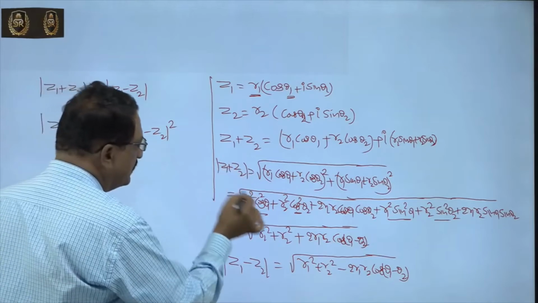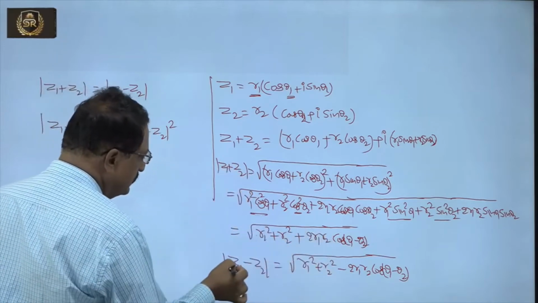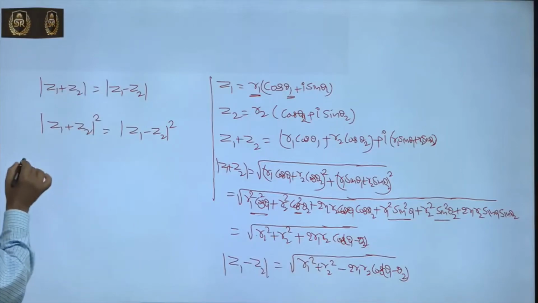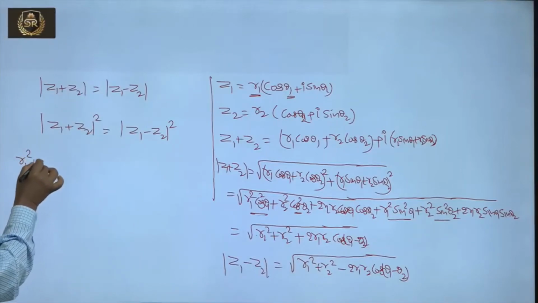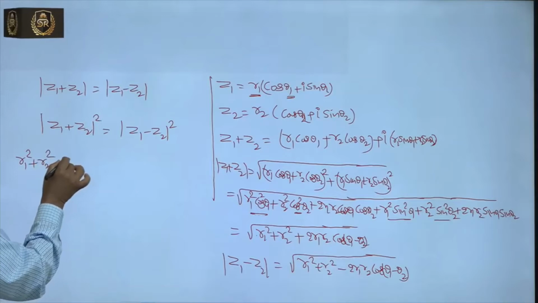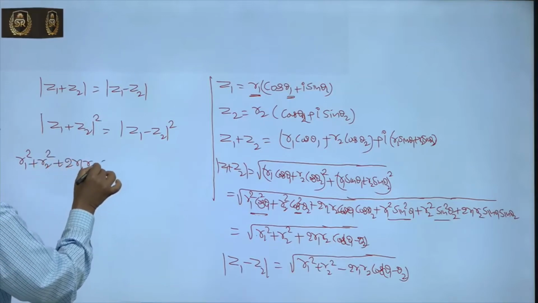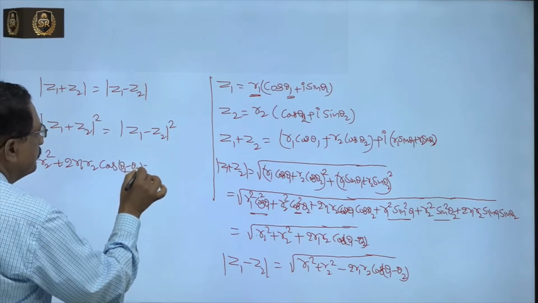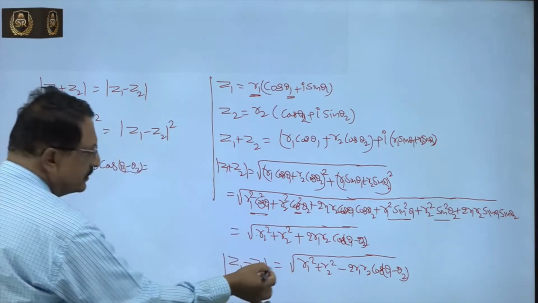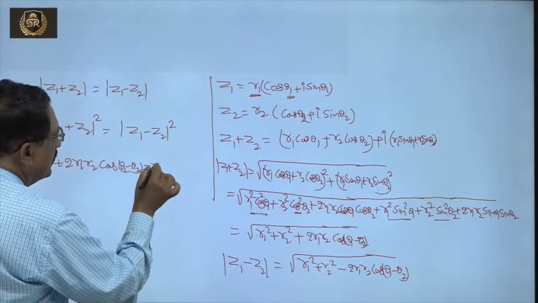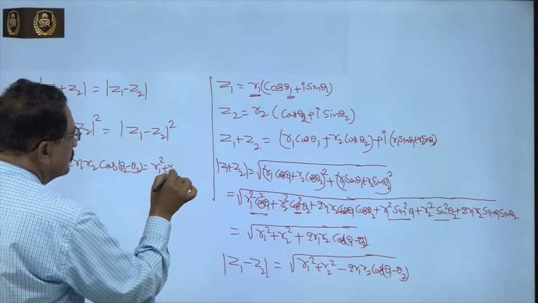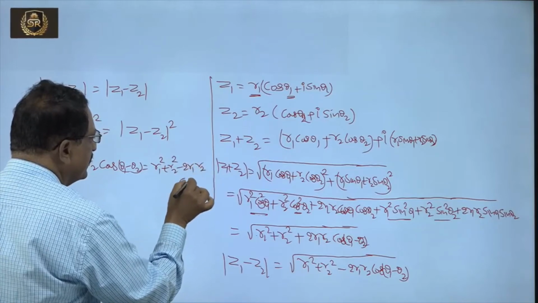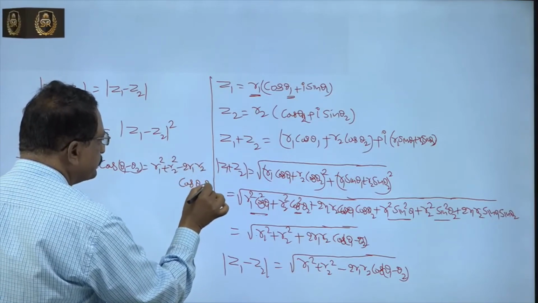Both are equal: r1 square plus r2 square plus 2 r1 r2 cos of theta 1 minus theta 2 equals r1 square plus r2 square minus 2 r1 r2 cos of theta 1 minus theta 2.